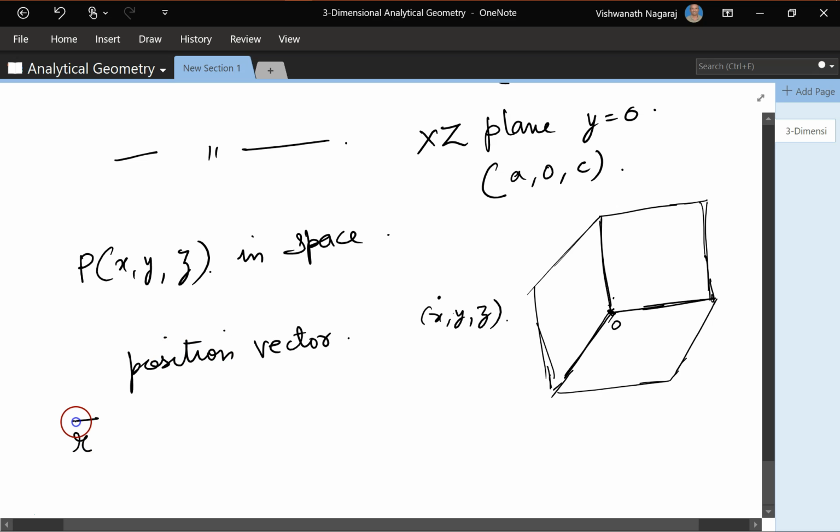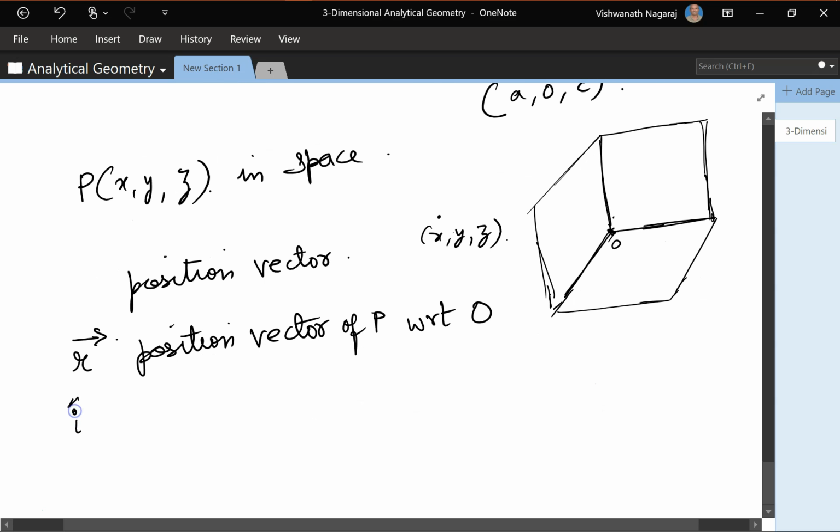So that we refer to it like this. Let's say R is the position vector of P, x, y, z. And this is the position vector of P with respect to O, that is the origin. And i, j and k are the unit vectors along the X, Y and Z axis.